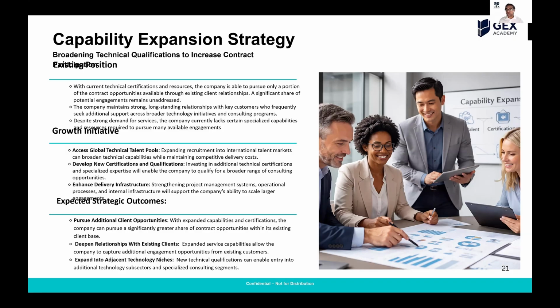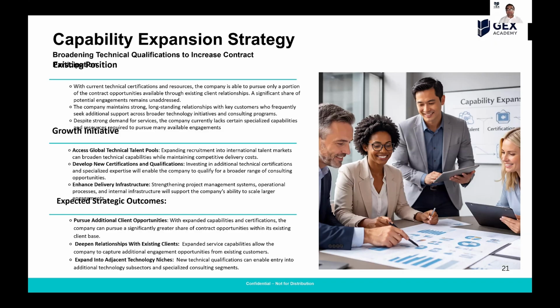So by investing in these qualifications, TechNova could potentially increase the number of opportunities for which it is eligible to compete. The second initiative is enhancing delivery infrastructure, right? So as organizations grow, they often need stronger project management capabilities, operational processes, reporting systems, and also delivery oversight structures, right? So management believes that investing in these areas would allow the company to support larger engagements and also improve scalability across the organization.